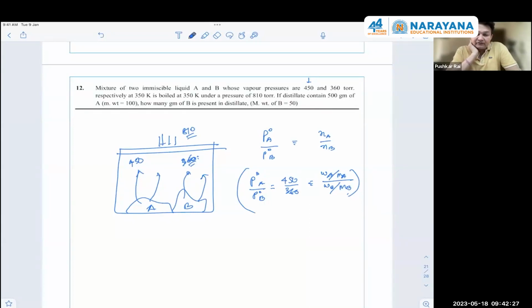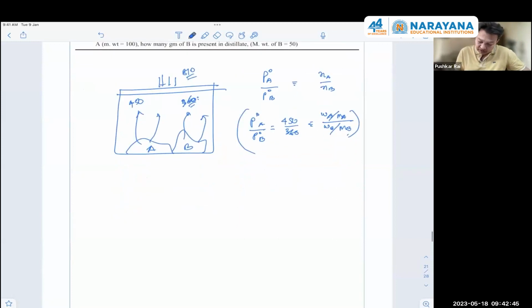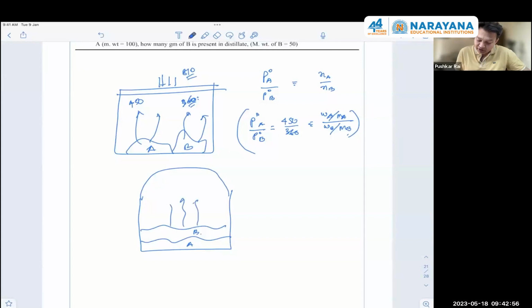So what is the funda of this problem? This is the idea of steam distillation, kind of thing we used to do. If two immiscible liquids are there, students have this doubt. Suppose A is there and B is there, and B is above A. So definitely B will only create pressure, A will not create pressure.